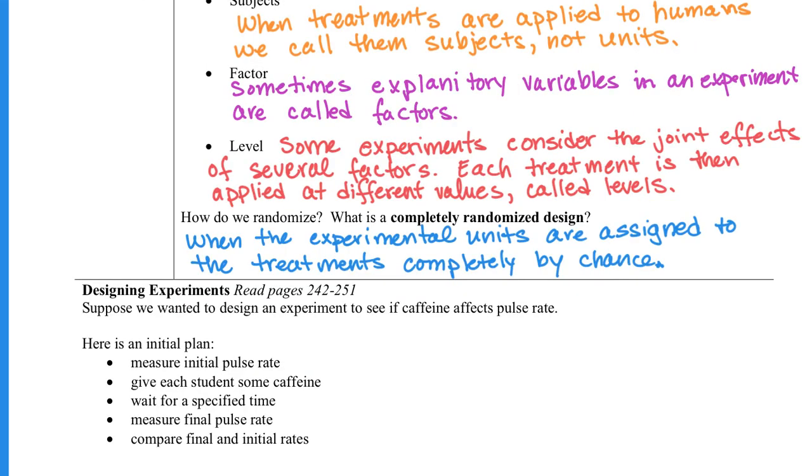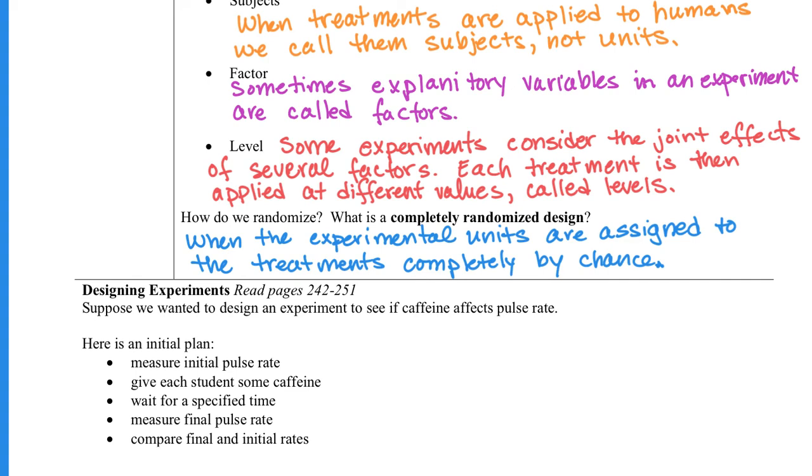And finally, how do we randomize, and what is completely randomized design? So we're going to look a lot at how we do randomization in class, but completely randomized design is when the experimental units are assigned to the treatments completely by chance.